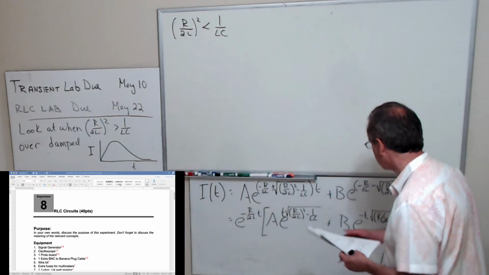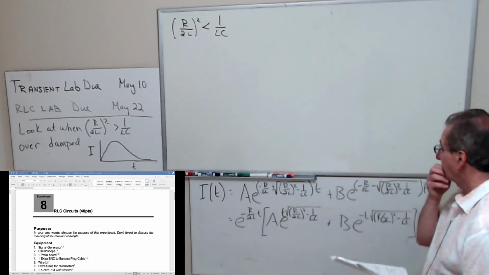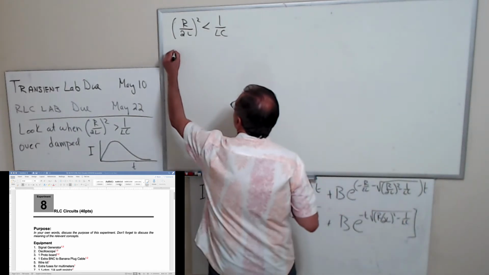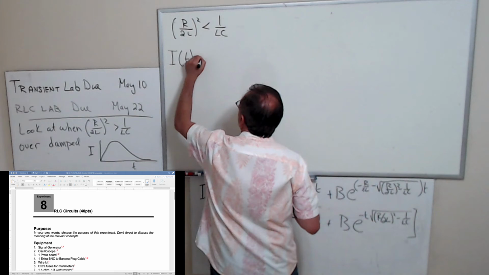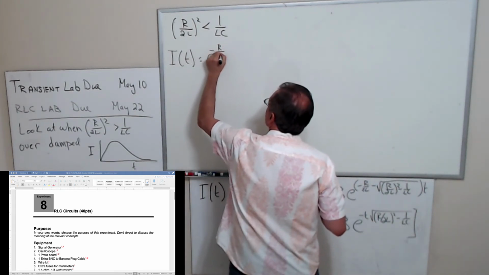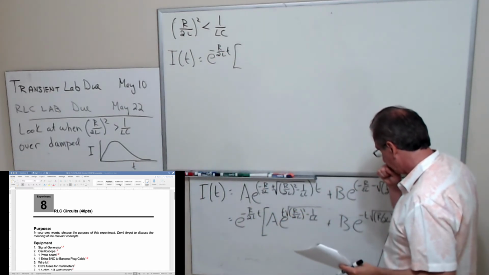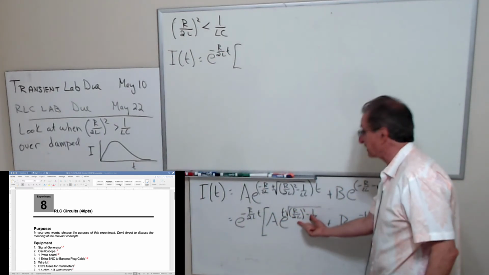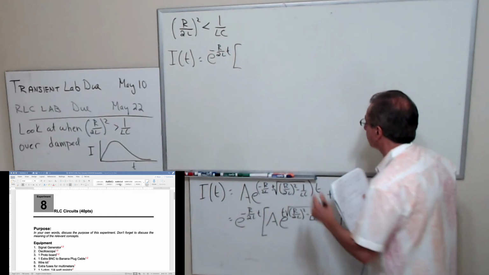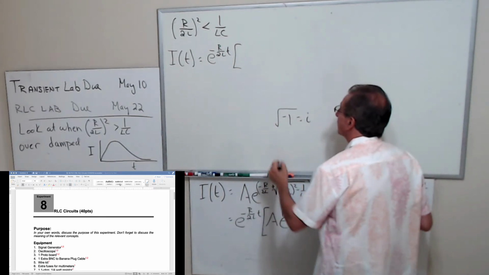Okay? And in 215, you're going to see the same thing. So what happens if this exponent is negative? Then I'm going to get the following. I can't leave it like this. This is negative. What's the square root of a negative number? What's the square root of negative 1? i. So I'm going to write it like this.